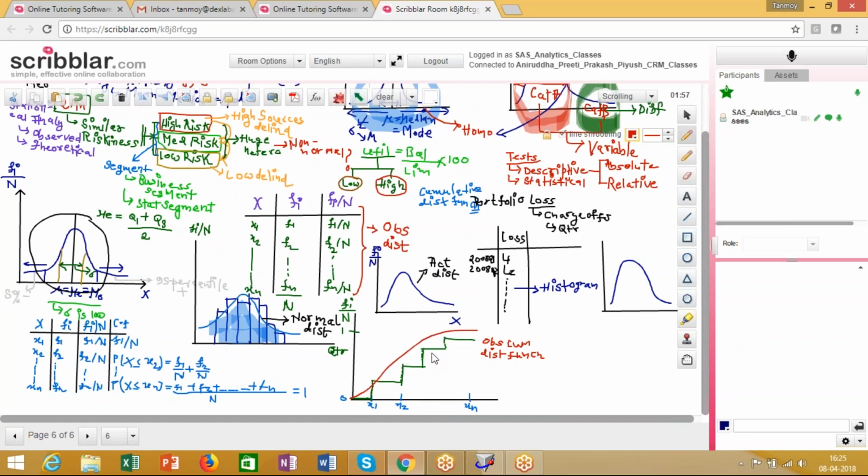Now what we need to test over here is whether the difference between the observed cumulative distribution function and the theoretical cumulative distribution function is significant or not. So how is it that we would know that this difference is significant or not?